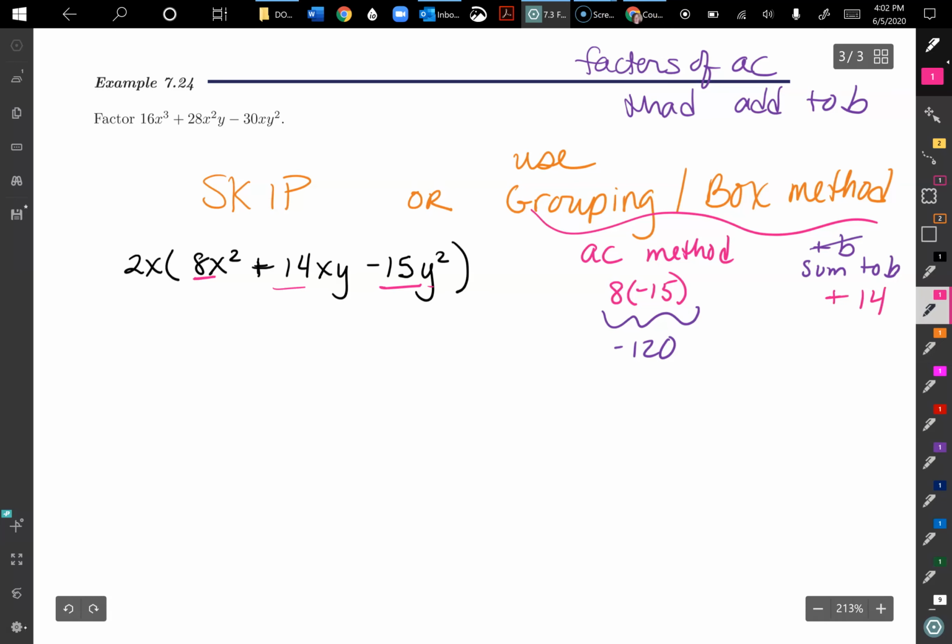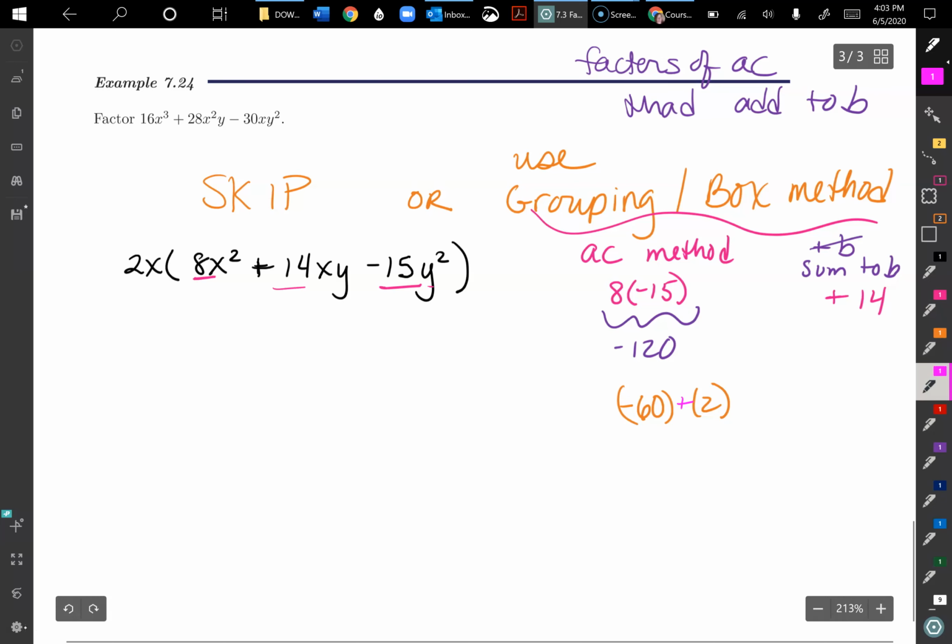And remember, I have to account for the x and y, but I'll do that separately. So my choices for 120 factors, I could have a negative 60 and a 2. If I add those up, no, that's not going to be 14. I can tell right away. So ditch those.